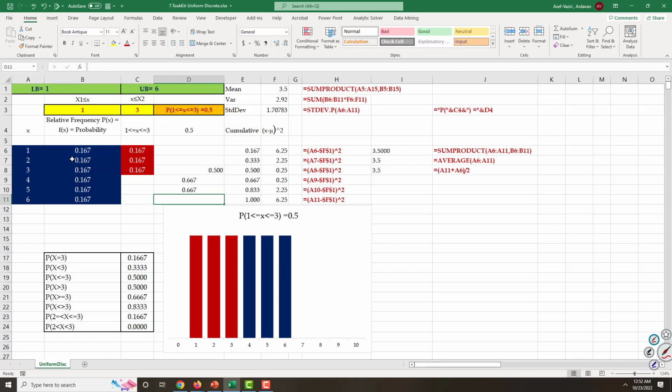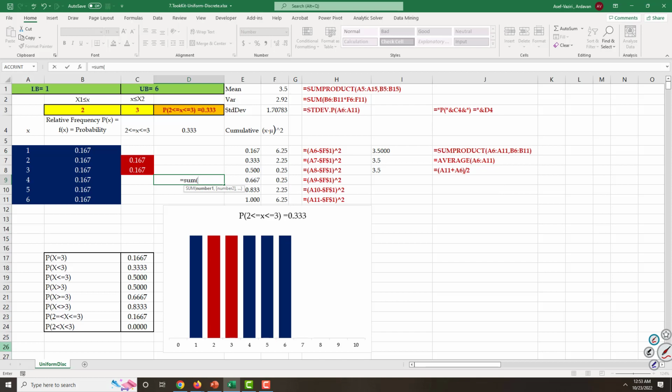X not equal to 3. Equal to 1 minus 3. That is probability of x not equal to 3. Probability of x less than or equal to 3, greater than or equal to 2, 3, and 2, equal to summation of probability of 2 plus probability of 3.